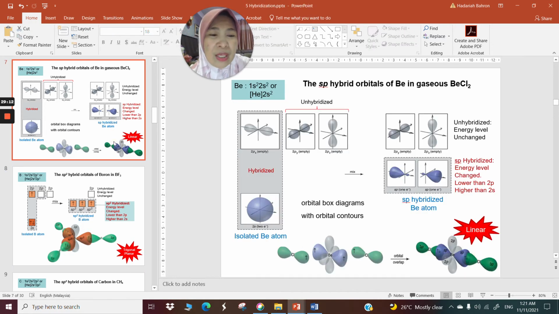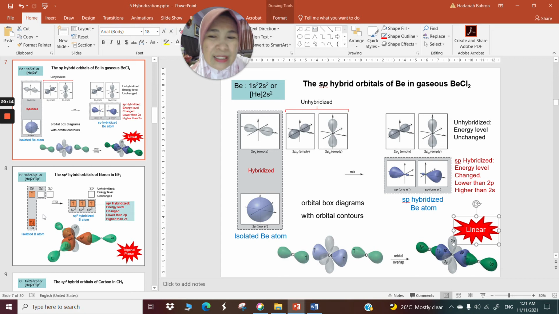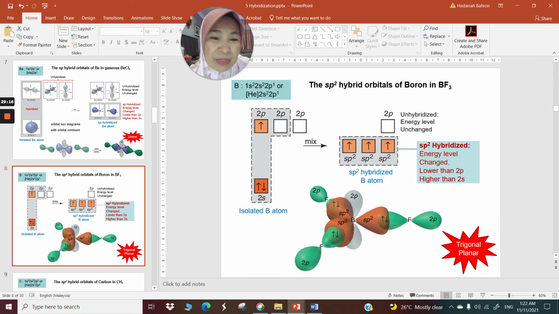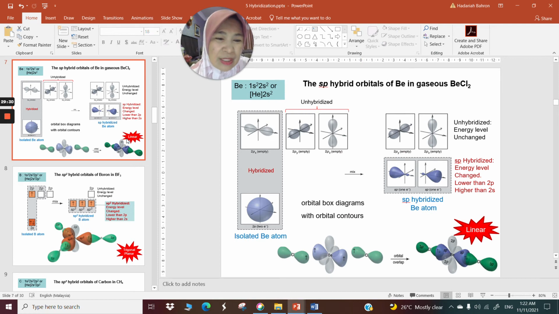Remember, your sp is linear, your sp2 is trigonal planar. So that is the rule. Sp2 is always having the geometry of trigonal planar, whereas sp will always have the geometry of linear.